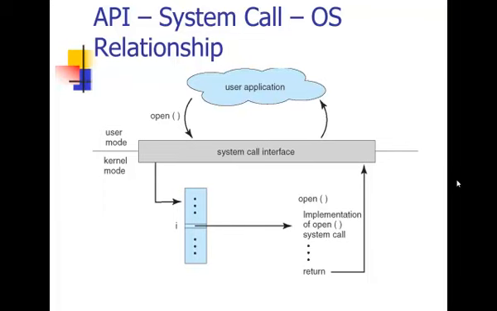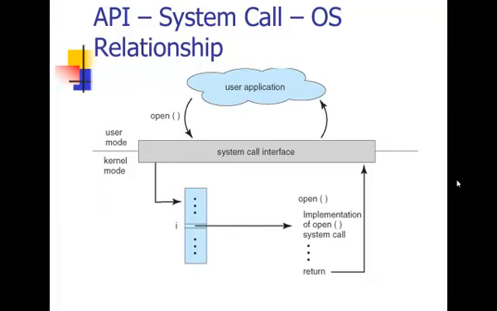So to execute a system call, the operating system should be in the privileged mode. That means it should be in the kernel mode. So the system call will run only when the operating system is in the kernel mode. So the mode of the operating system will change to the kernel mode.